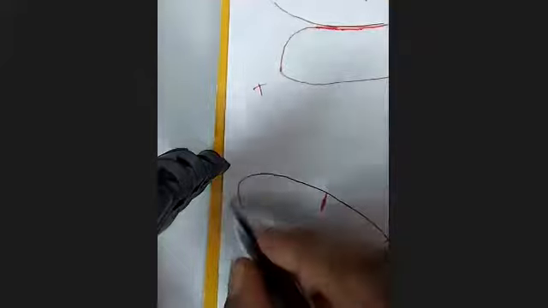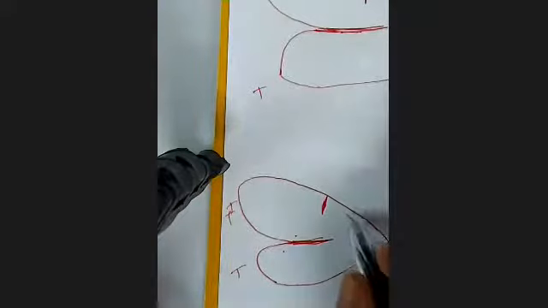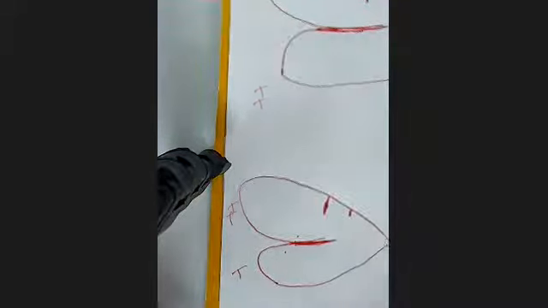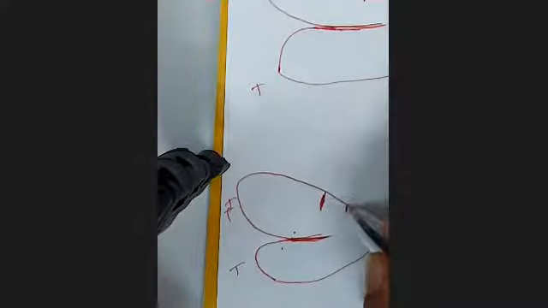Frontal pole, temporal pole, occipital pole. Sorry, the central sulcus will be slightly behind. I'll draw another diagram to show you how. Now behind here there is a sulcus called the parieto-occipital sulcus.